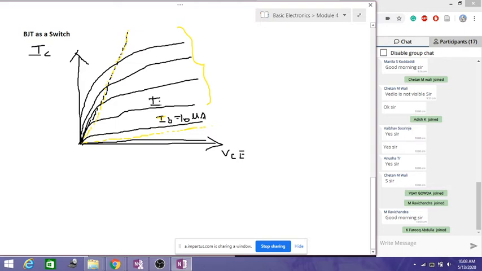This might be an IB of 20 microamperes, this might be 30 microamperes, and so on.